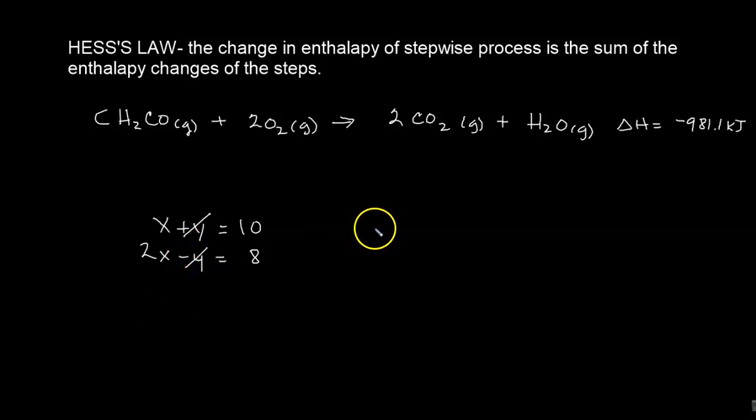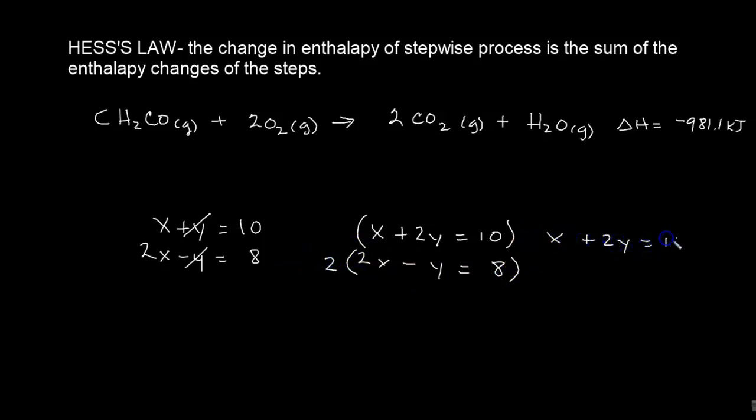But if you have a problem like x plus 2y equals 10 and 2x minus y equals 8, then you're going to need to multiply one of your equations by something else. In this case I would probably multiply my bottom equation so that I had 4x minus 2y equals 16, and then those canceled.